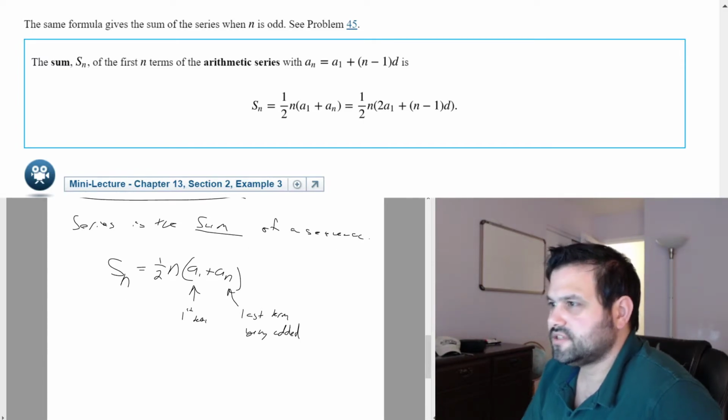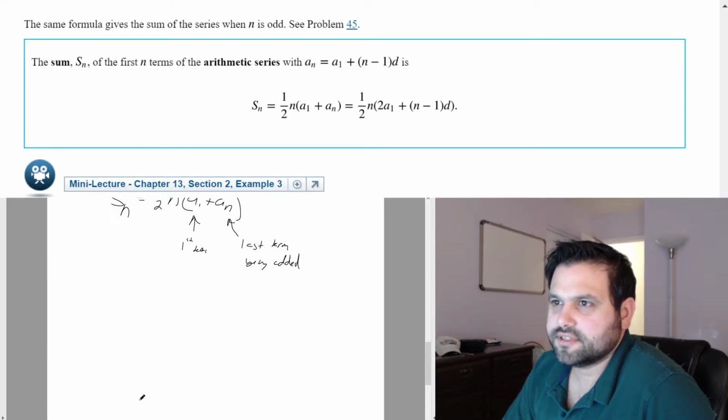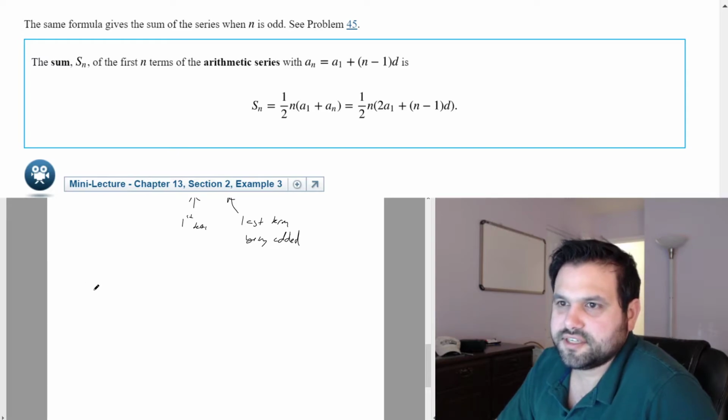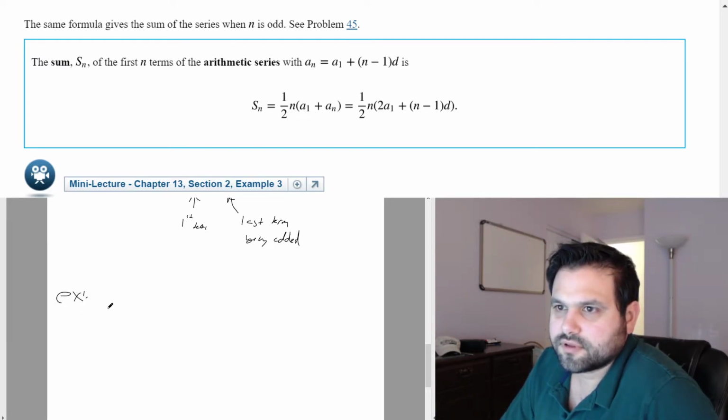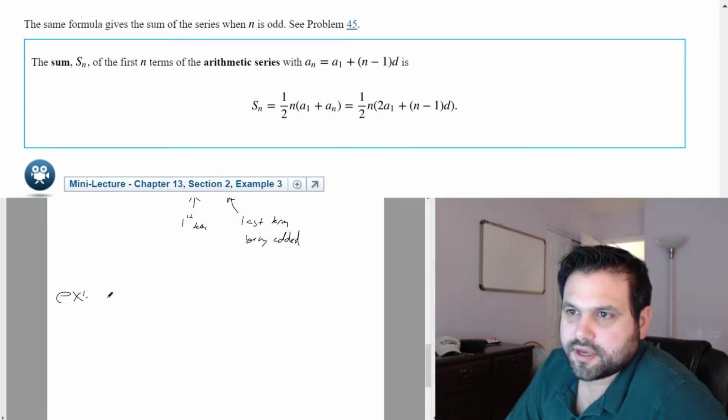So the book uses an example. Let's just make up our own example. Here's a sequence, okay? So I'll just give you a sequence of numbers. So here we go. 1, no, let's not start with 1, that's not fun. How about 7? And then 10, 13, 16.